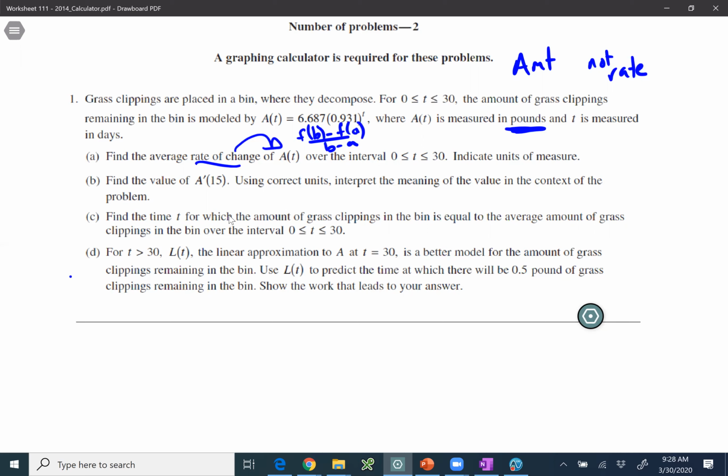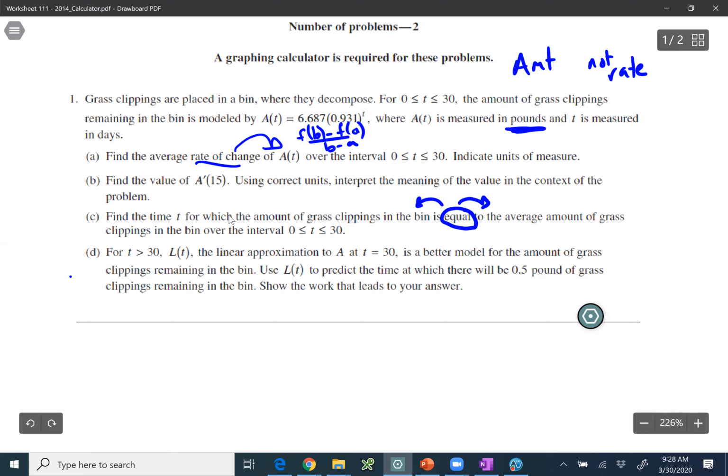C says find the time for which the grass clippings in the bin is equal to the average amount of clippings. So we want to think, okay, find the time for which the amount of grass clippings is equal. We're going to need two things on each side.